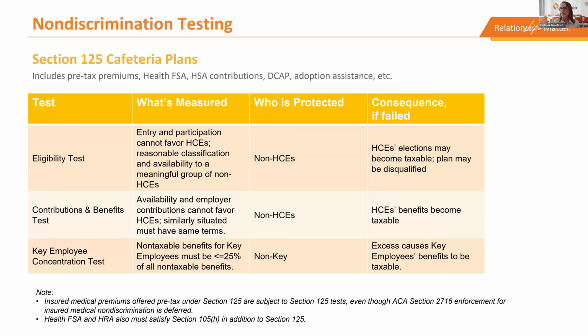And health FSA and HSA contributions, DCAP, and adoption assistance. Again, those are all examples of benefits that, if they are taken on a pre-tax basis, are subject to 125. And then there are the three tests that you will need to satisfy: the eligibility test, contributions and benefits test, and the key employee concentration.